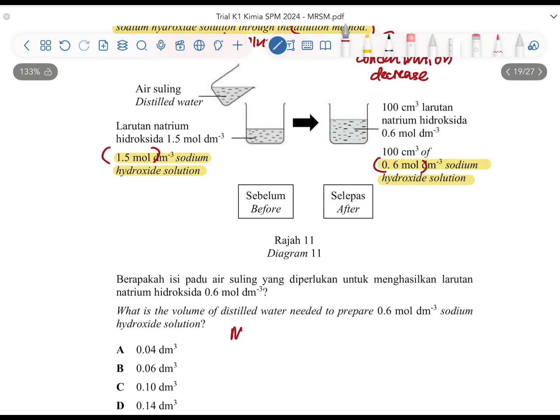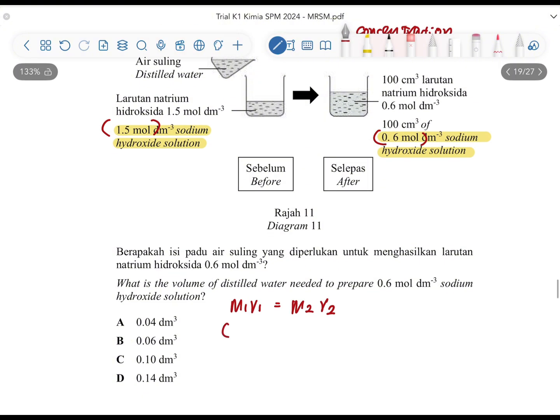So we have one superpower formula, which is M1V1 equals M2V2. M1V1 is the initial and M2V2 is the after.